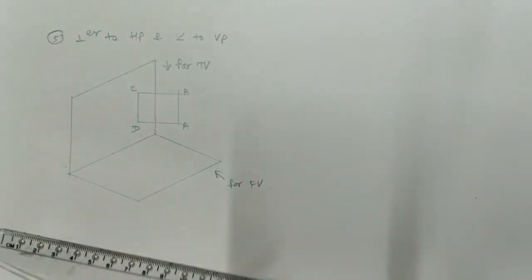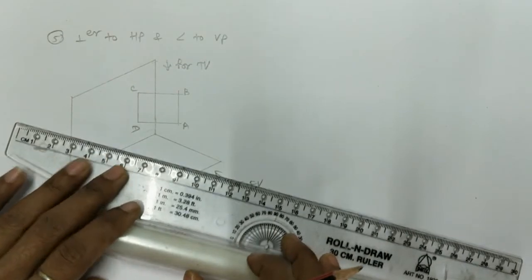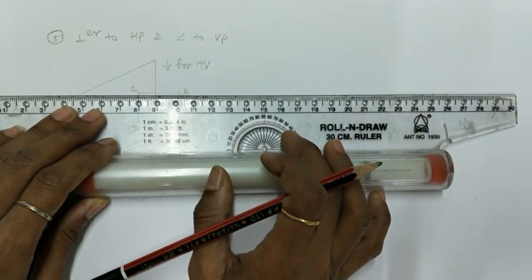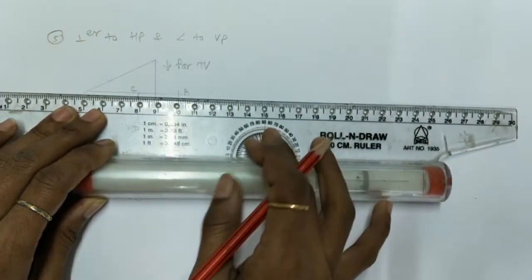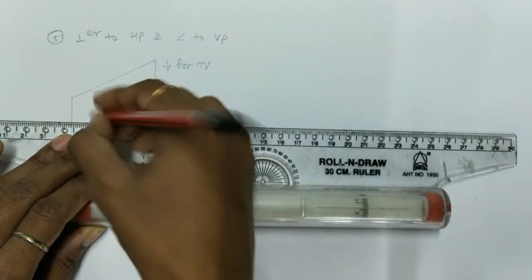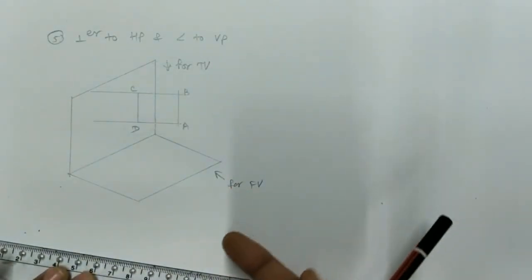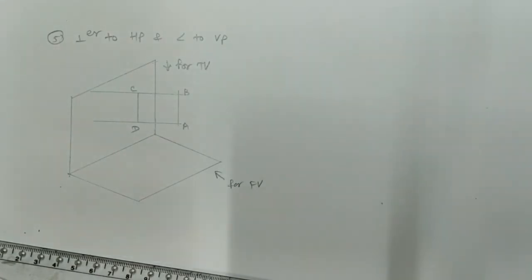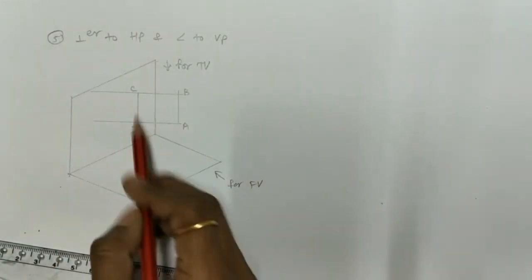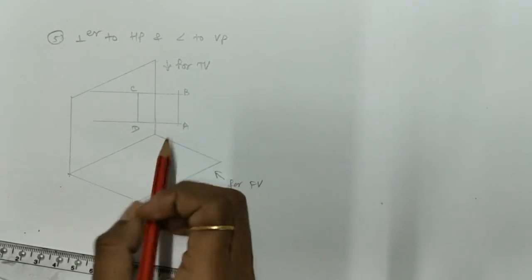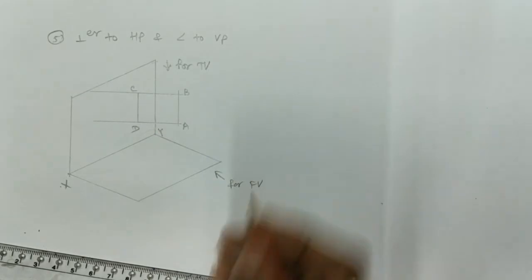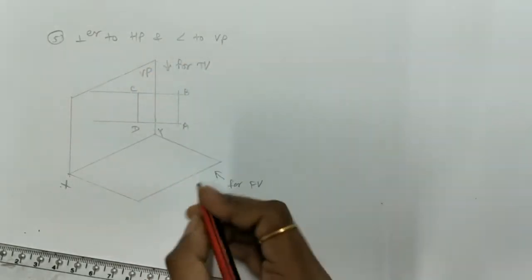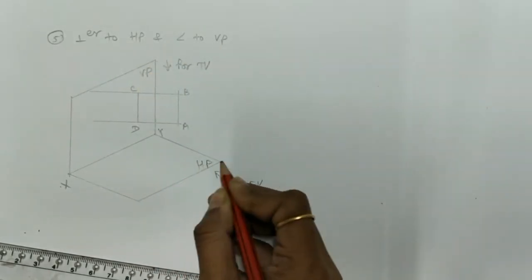So first of all we will draw front view. So when you see from this direction, there is a plane which is not similar as the original plane. Give name to this intersection line as line XY. This is VP and this is HP.